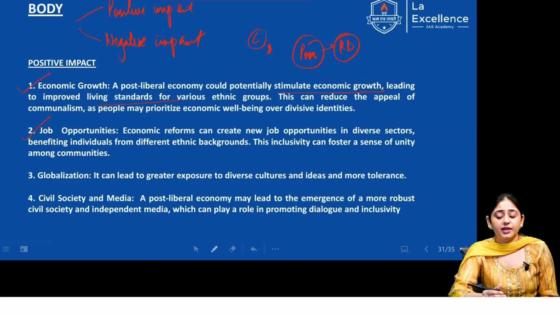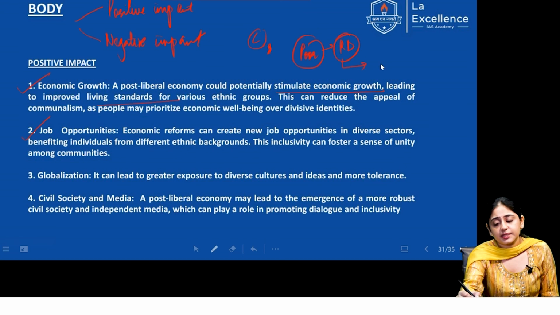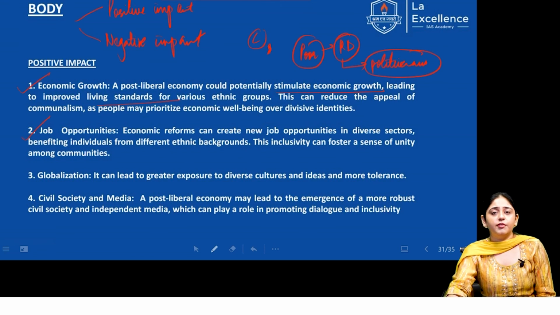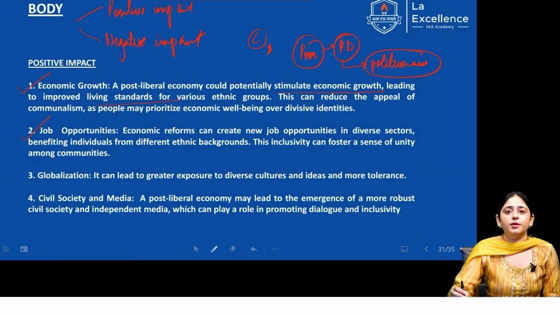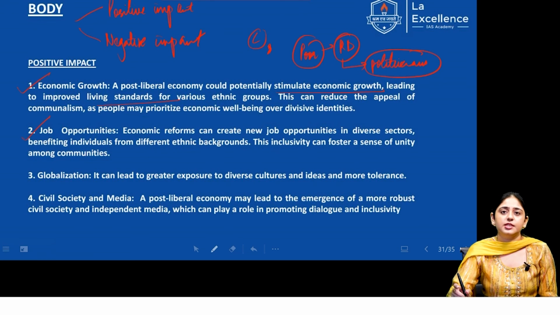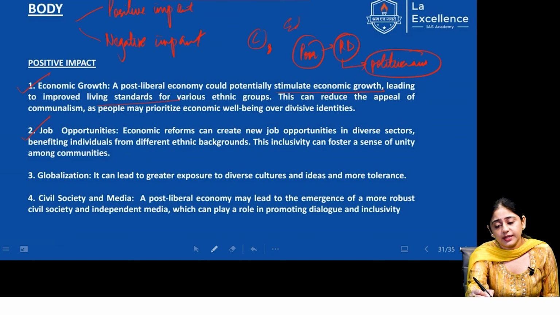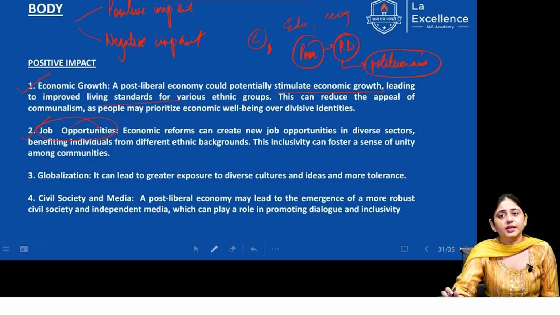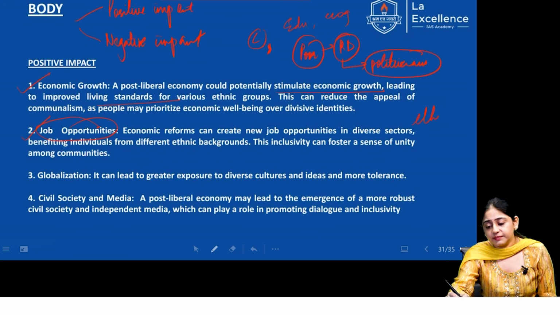There will be a sense of relative deprivation, and this will be exploited by politicians, saying that your level of development is lacking not because we are not formulating proper policies, but because of the other community. But when you have a properly educated community, there is proper economic growth, there are proper job opportunities, your ethnic identity or your religious identity takes a backseat, right?